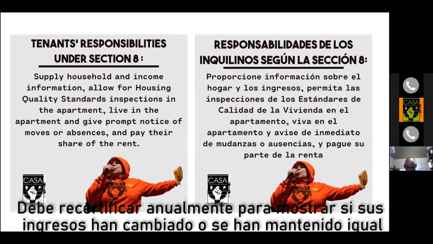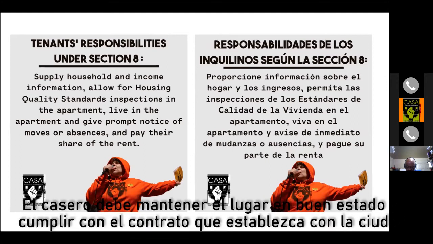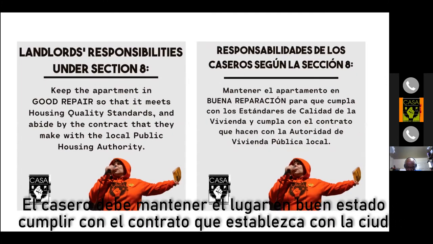You must recertify annually to show if your income has changed or remained the same. The landlord must keep the apartment in good repair and abide by the contract they have made with the city.